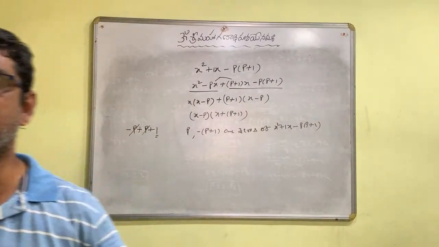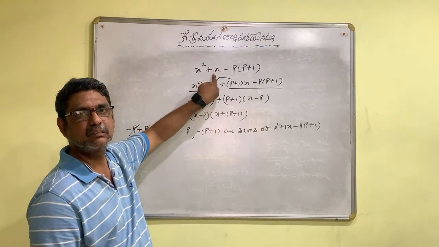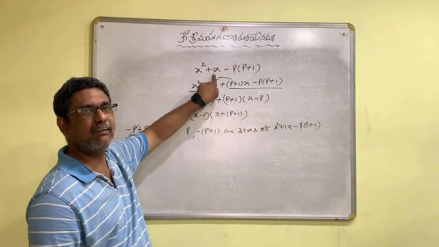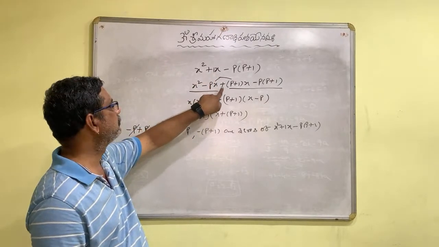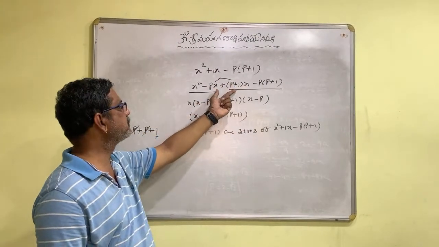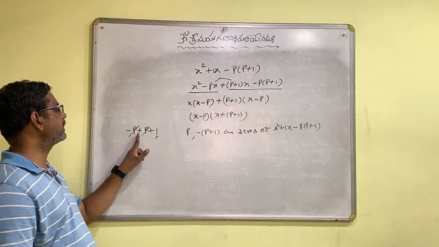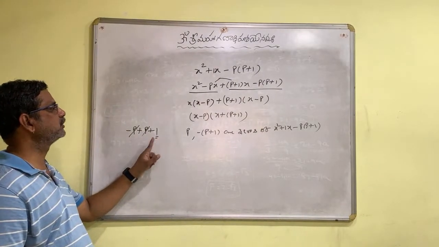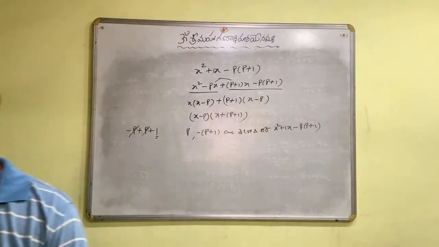Again I am saying this one, children. See, the middle term is 1x. So how to split that? Minus px plus p plus 1 into x. If you simplify these two, what you will get? Minus p plus p plus 1, you will get positive 1. So that is the concept.